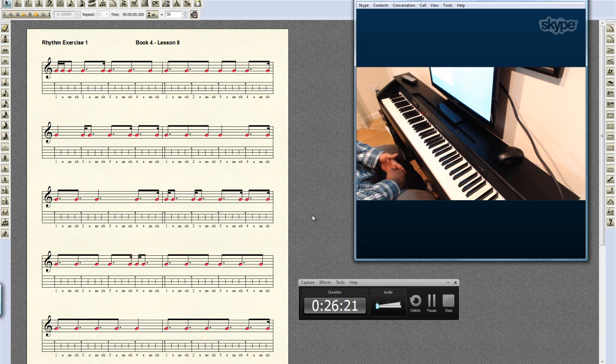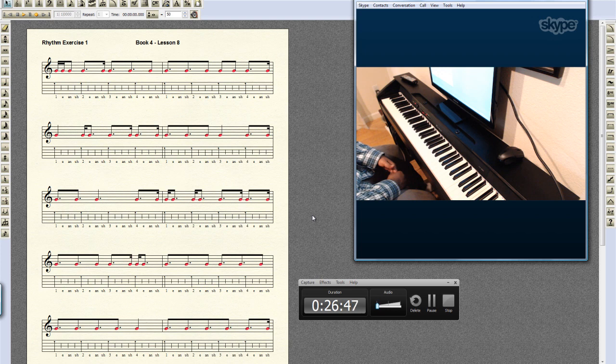Like 1 and a, 2 and a, 3 and a, 4 and a. What's the difference between that and this last measure? Nothing, really. A group of 3 is a group of 3 if it's repeated for a long period of time. Do you see my point? Uh-huh. So I'm just saying that you're getting to the point where it creates an illusion at some level.